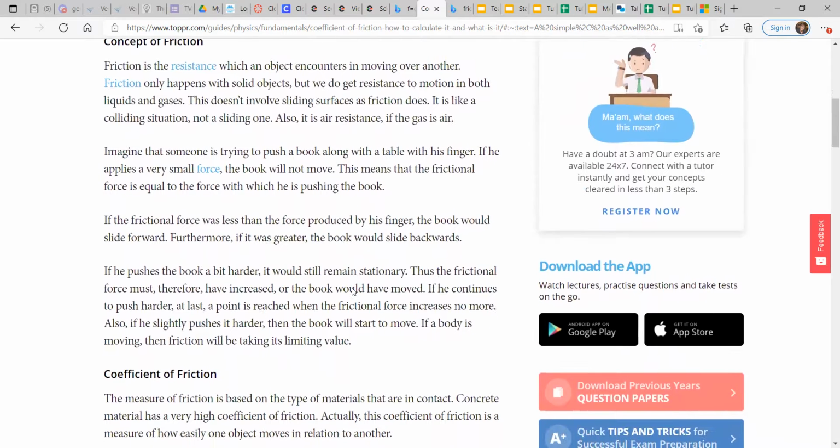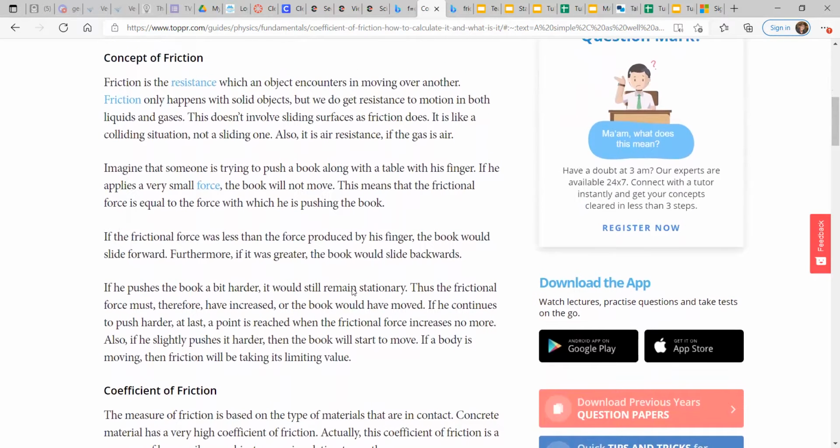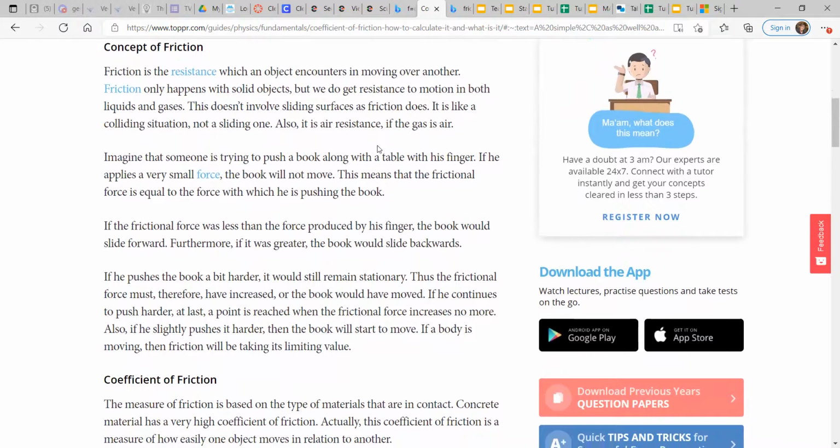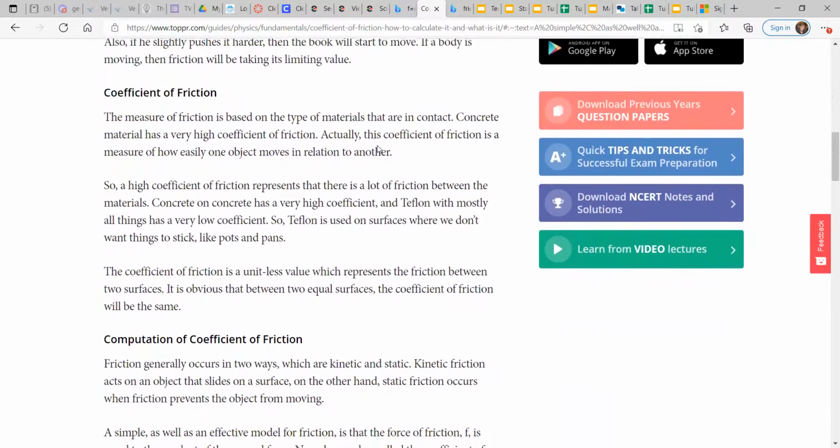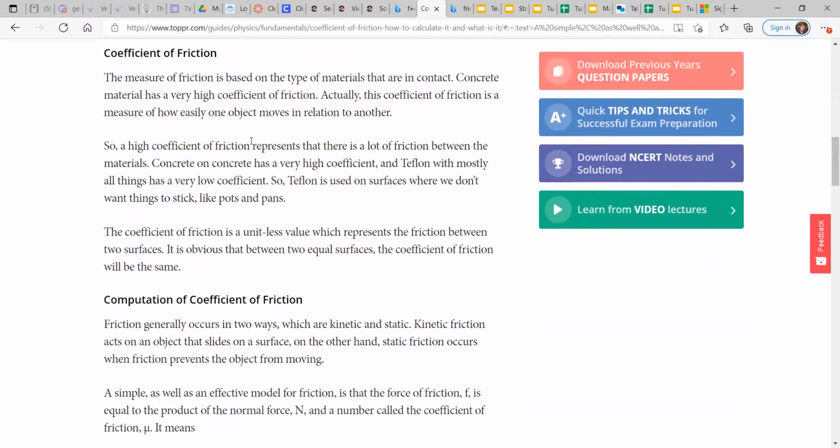So another way to think of friction is resistance. When you push something heavy on concrete and you can kind of feel it push against you, that is friction. And the coefficient of friction is determined by the material you're rubbing against.